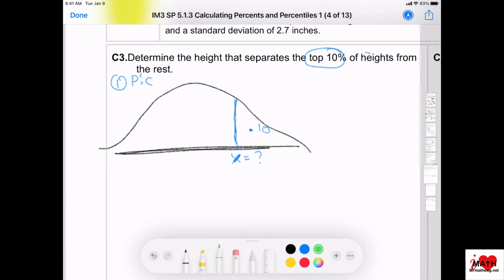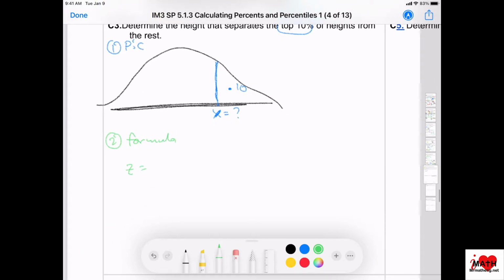Let's get the formula. Z equals x minus the mean over the standard deviation. The mean has been 64 and the standard deviation is 2.7.